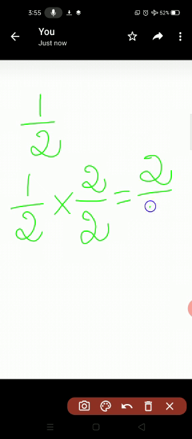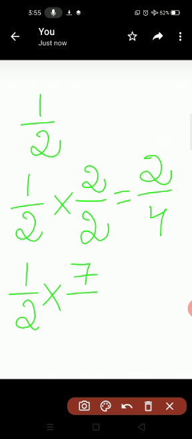By multiplying numerator and denominator by the same number except 0, 1 2s are 2 and 2 2s are 4. This is one of the equivalent fractions for 1 by 2. And I am taking the same 1 by 2. I am going to multiply by 7. 1 7s are 7 and 2 7s are 14.